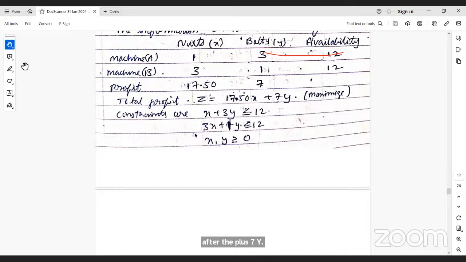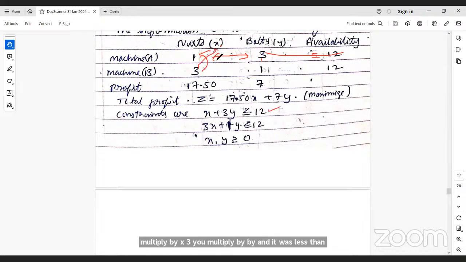Now to write down the constraints. We have already written the objective function for profit. Next, for the constraints, combine 1 and 3. You multiply 1 by x and 3 by y, and it must be less than or equal to 12. So we get the first constraint.